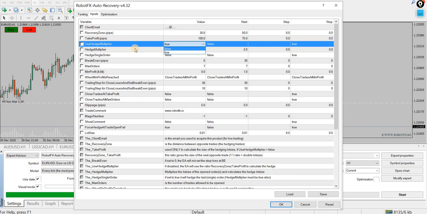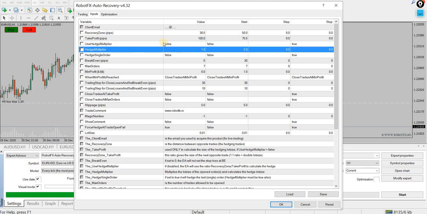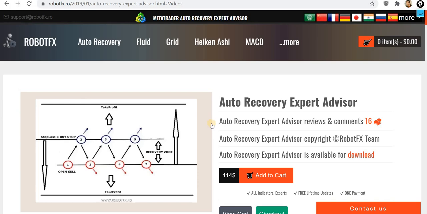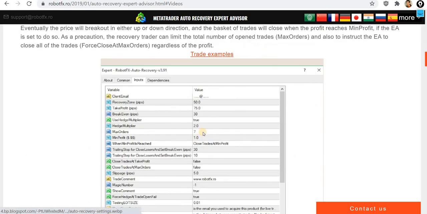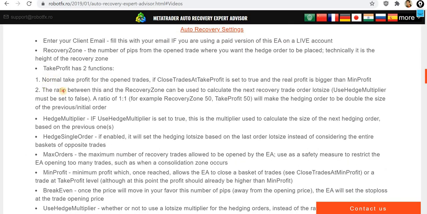Now the hard part. If you don't use the hedging multiplier, then the expert advisor will use the ratio between the recovery zone and the take profit. These are, by the way, explained probably better on our website. The ratio between the recovery zone and the take profit is used when the hedging multiplier is set to false, and the ratio of 1 to 1 will make the hedging order double the size.